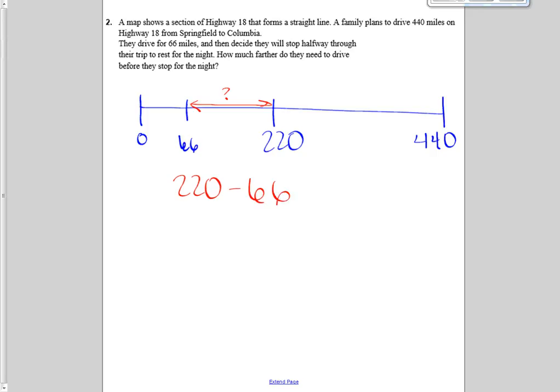And what is that? 154 miles they've got to go. It's a pretty short day driving on a road trip, that's right.